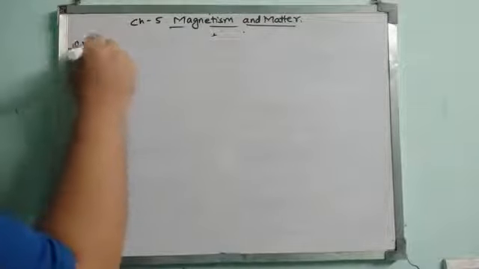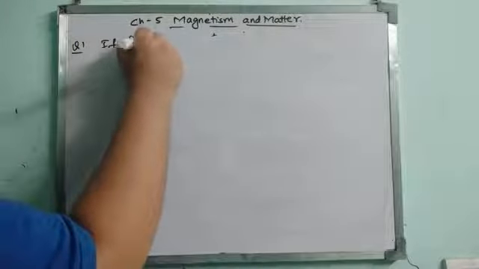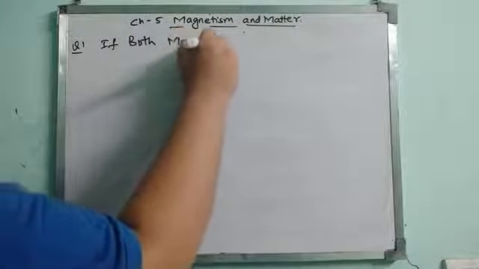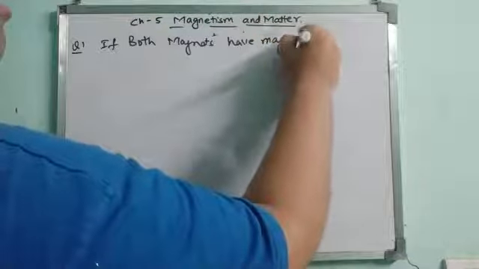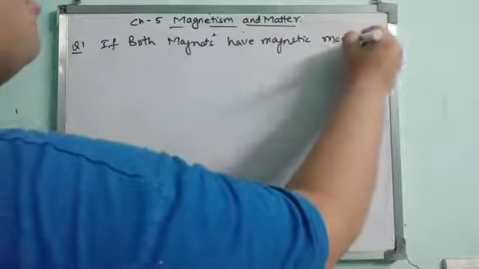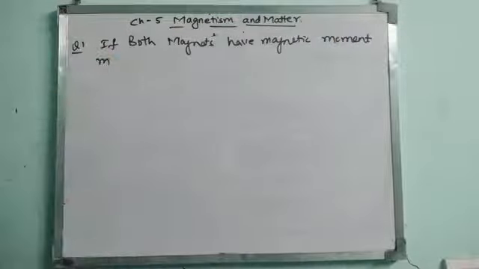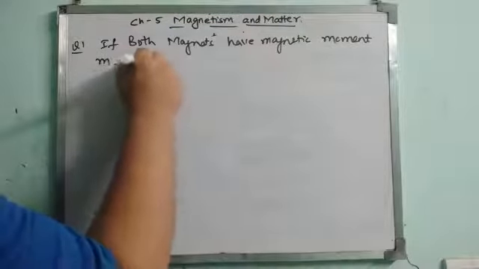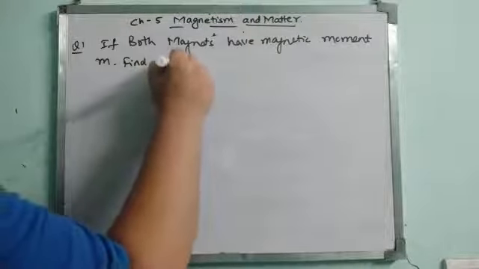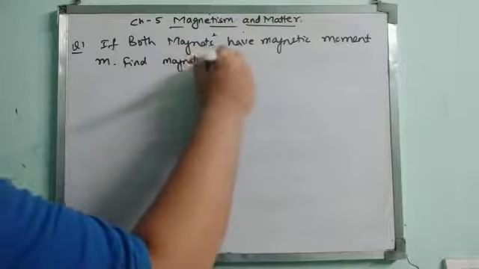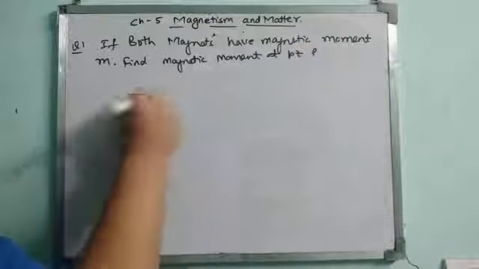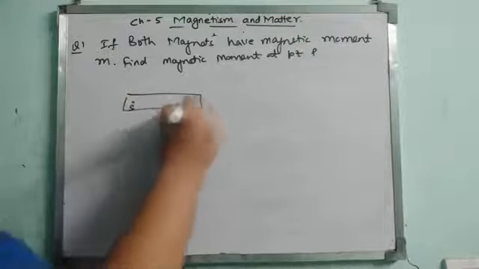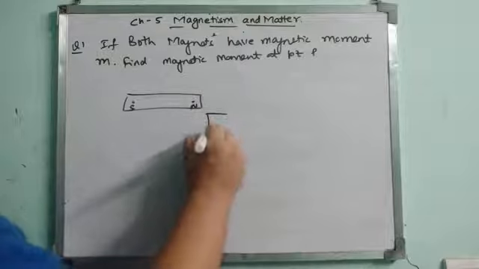Question number 1. If both magnets have magnetic moment m, find the magnetic field at point P. There are two magnets aligned like this.